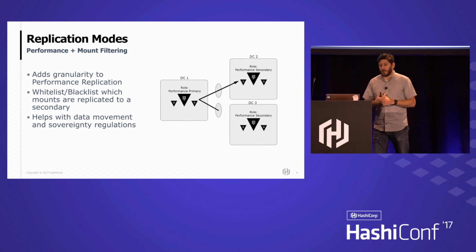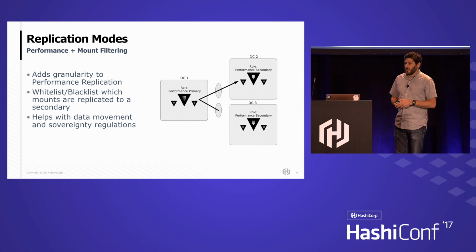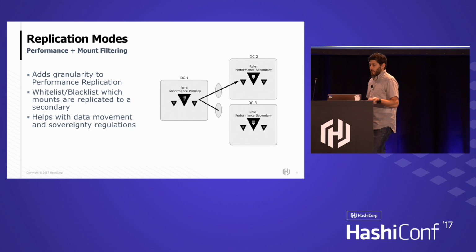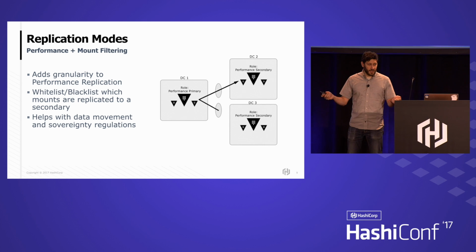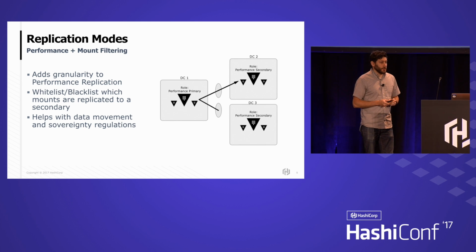The next mode, which came in Vault 0.8, is performance mode with mount filtering. What this allows you to do is use performance replication, so you're scaling those secrets horizontally, but it also allows you to add granularity to what secrets get replicated where.